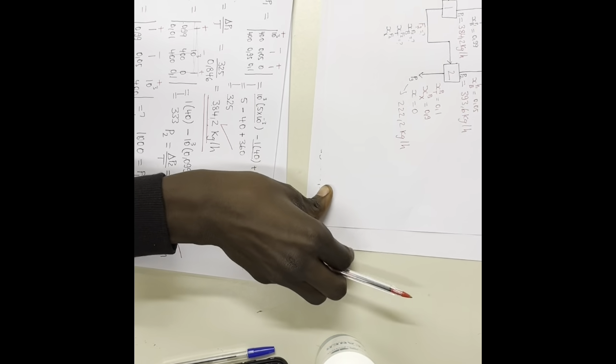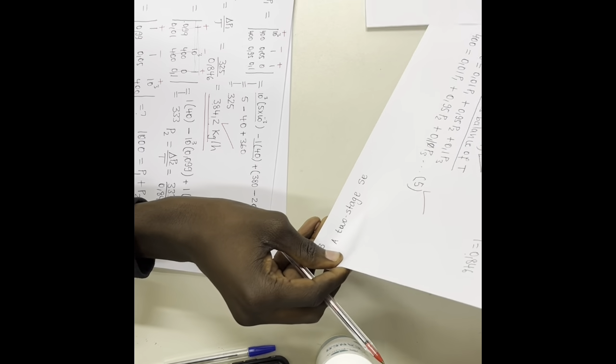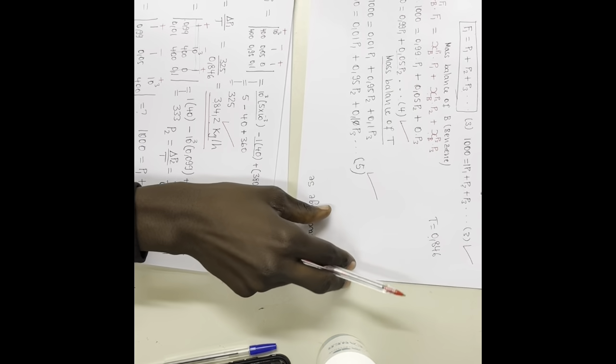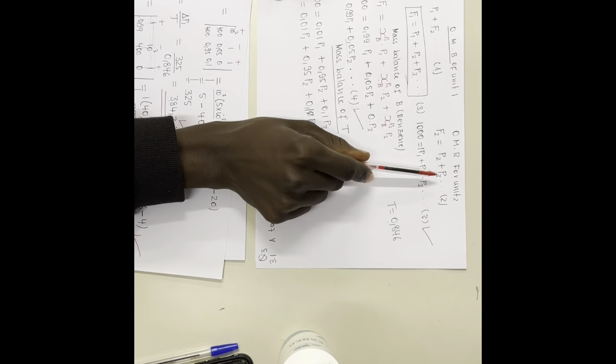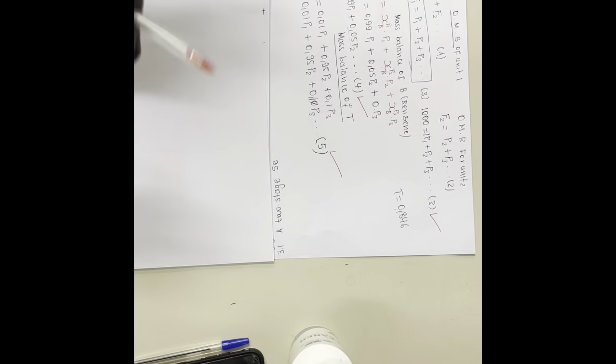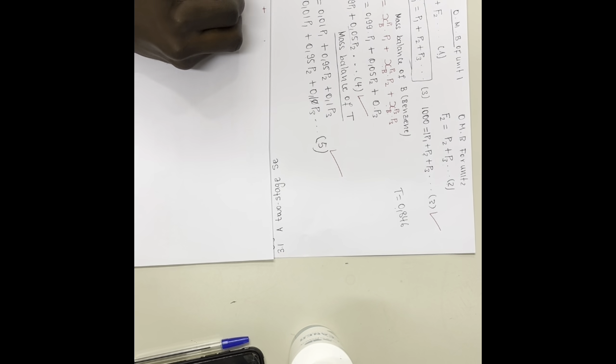If you see from here, what is F2? F2 is P2 plus P3. So I'm just gonna use another paper. F2 is the quantity we're asking for now. It's gonna be P2 plus P3.